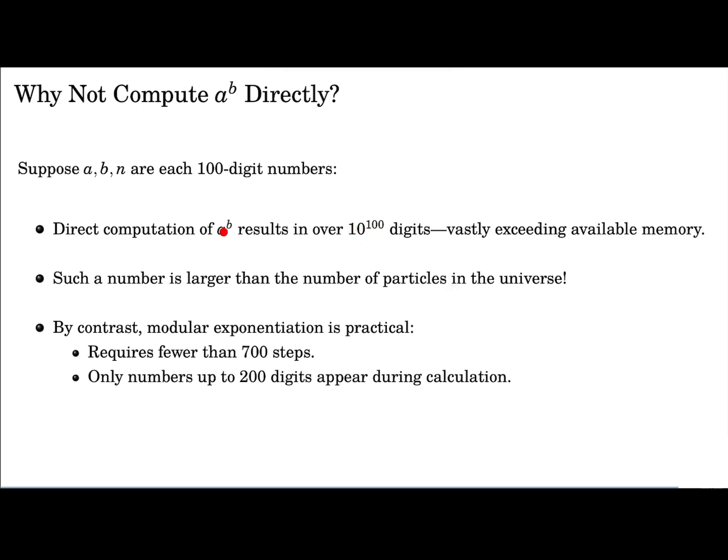So this is completely impractical, right? But if you do what we just talked about, it would take you less than 700 steps, and all the numbers would have up to 200 digits. So this is something that you can deal with. You can work with numbers with 200 digits in computers, right? But this is just impossible.